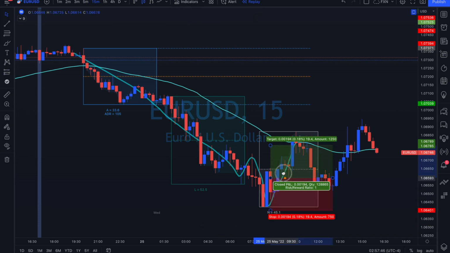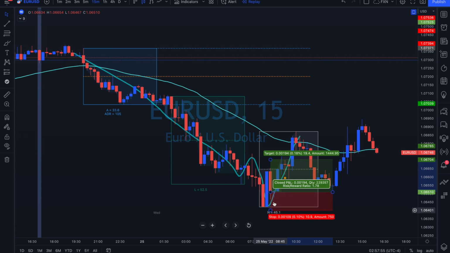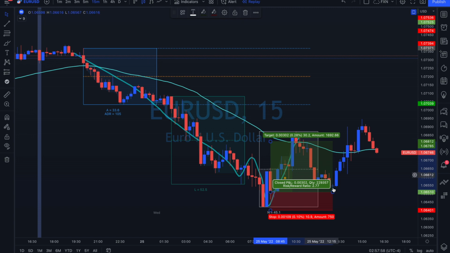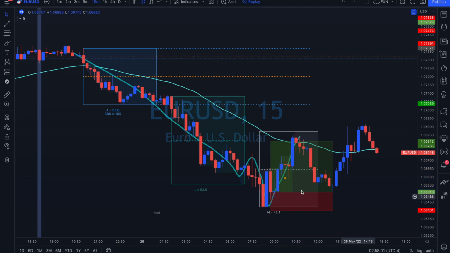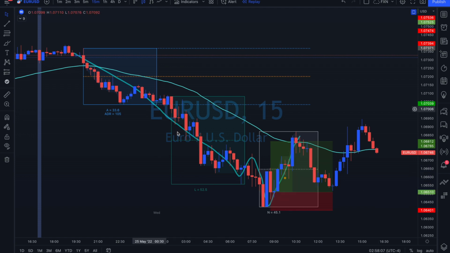So anywhere on this pullback here on this red, we can actually get in on this red candle. And so the trade setup would look something like this. You would have well over a 2-to-1 risk-reward ratio, and then you take profit at the 50 EMA. So that's another example of how you can use the 50 to take profit on a reversal trade in the US session.